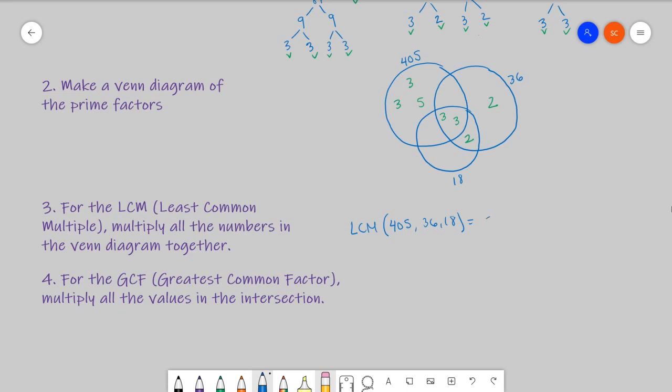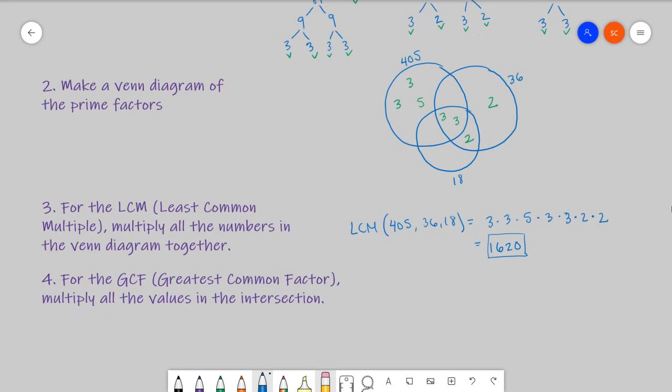I'll write those out. 3 times 3 times 5, now moving to the middle, times 3 times 3 times 2 times 2. That's a lot of multiplication. So when I multiply those all together, I'm actually getting 1,620. So that is the least common multiple of those 3 numbers.